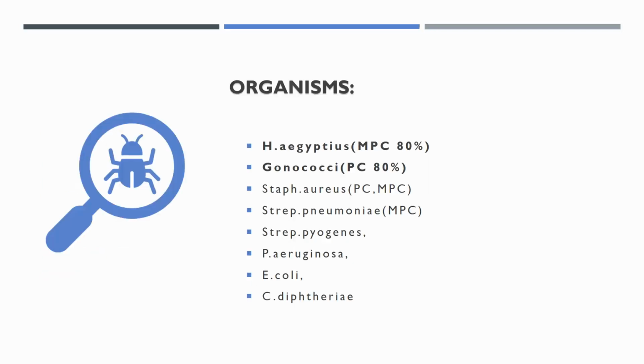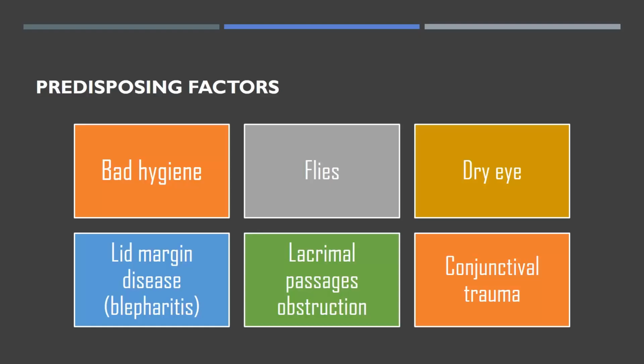About 80% of MPCs are from Haemophilus aegyptius, and we can tell from this name that it's very common in Egypt. Gonococci are responsible for 80% of purulent conjunctivitis. Other organisms include Staph aureus, Strep pneumoniae, Strep pyogenes, and others.